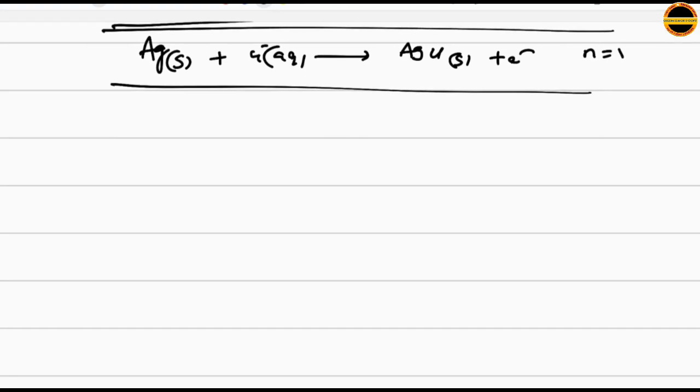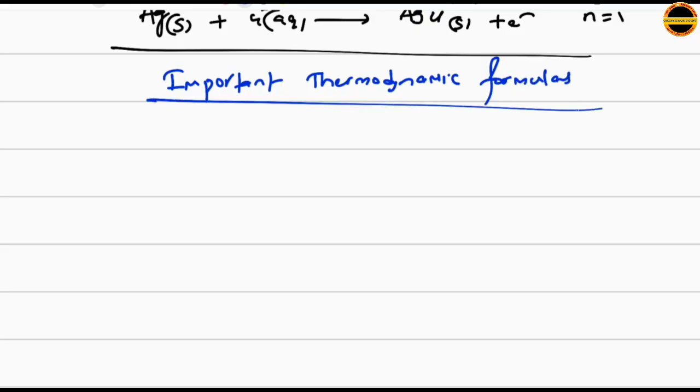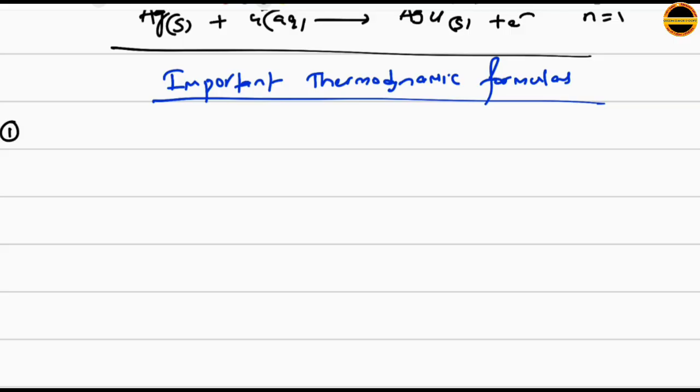Continue with some important thermodynamic formulas. Keep the heading: important thermodynamic formulas, in relation with thermodynamics and electrochemistry, because sometimes they have asked even direct questions based on these formulas.